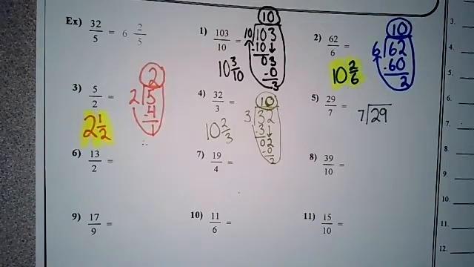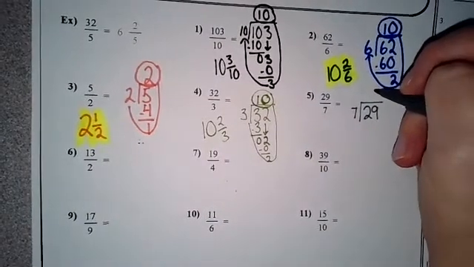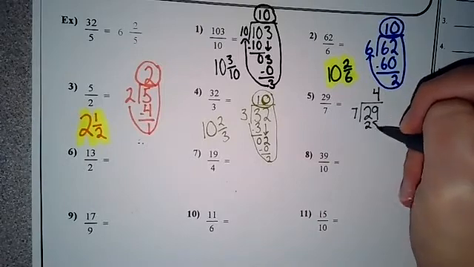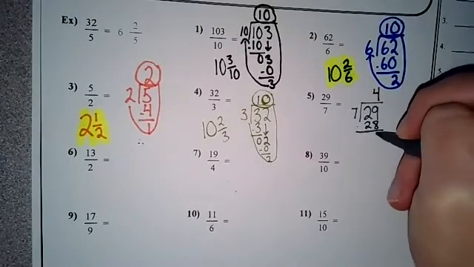Sydney, how many 7s are inside of 29? 4 is correct. Good job, Sydney. So 4 times 7 is 28. And when you subtract, you get a 1.